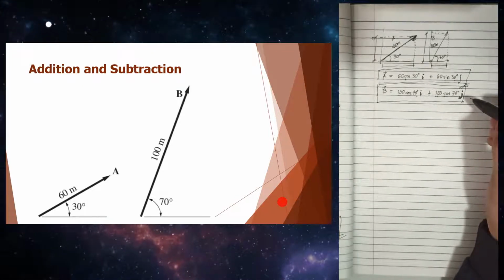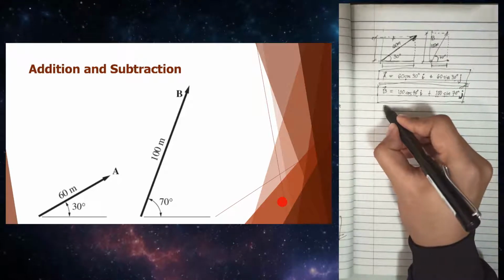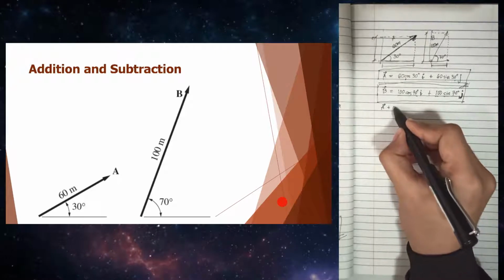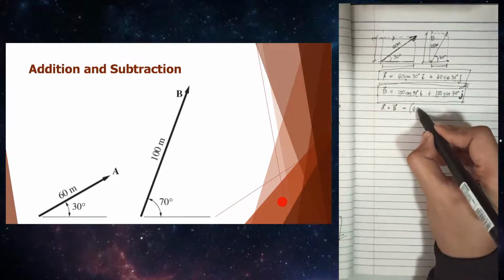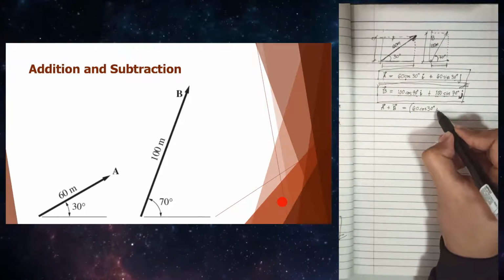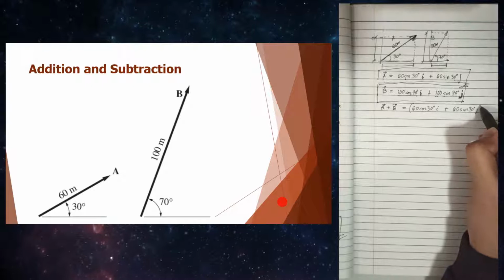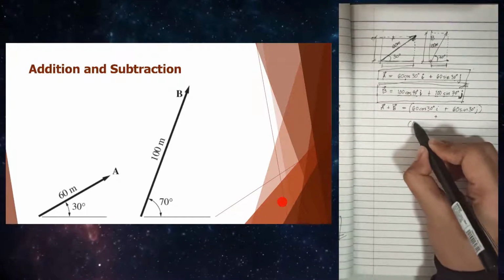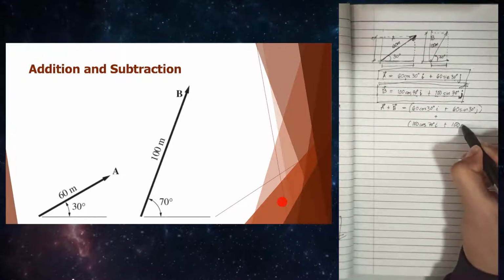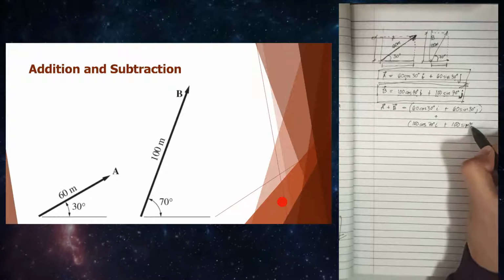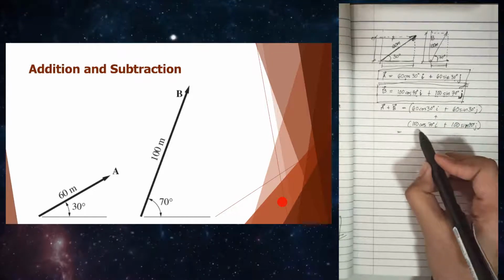So meron tayong another approach kung saan for you to have vector A plus vector B, equals yan sa 60 cosine 30 degrees I plus 60 sine 30 degrees J plus 100 cosine 70 degrees I plus 100 sine 70 degrees J. Dito na mag-govern yung algebra na alam natin.